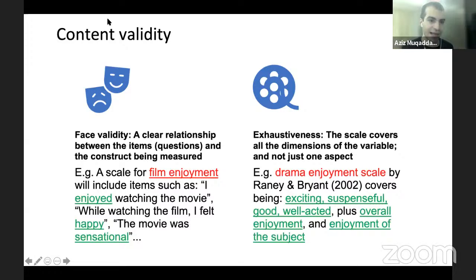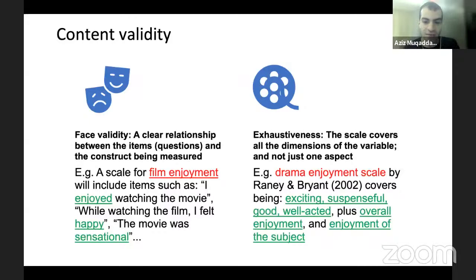Exhaustiveness, on the other hand, asks whether you are covering all of the dimensions of the studied concept or variable or not. Are you covering only one aspect, or are you covering all the aspects or dimensions of it? Let me give you an example. There is a scale called the Drama Enjoyment Scale by Riney and Bryant.